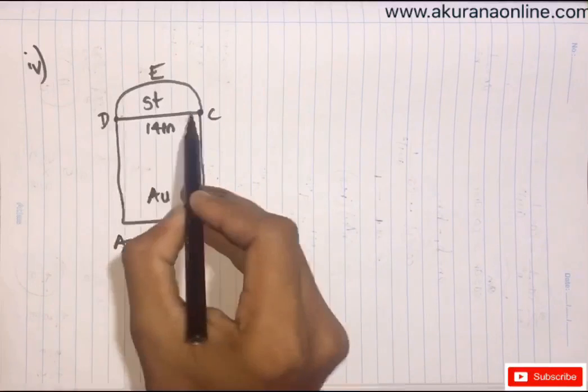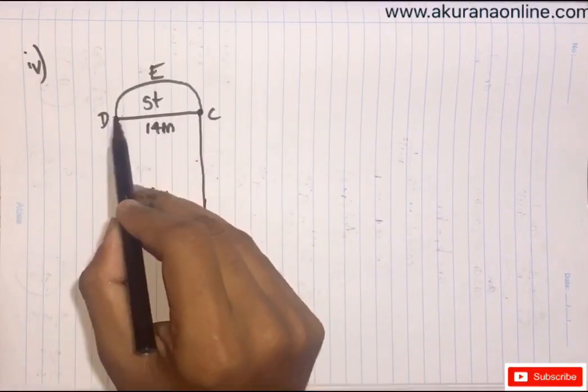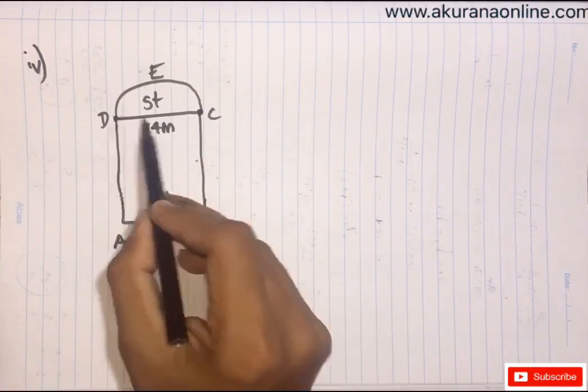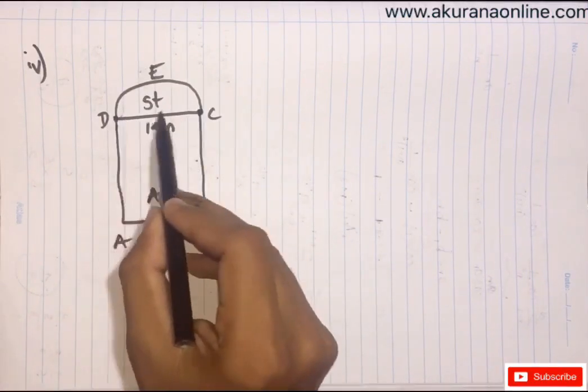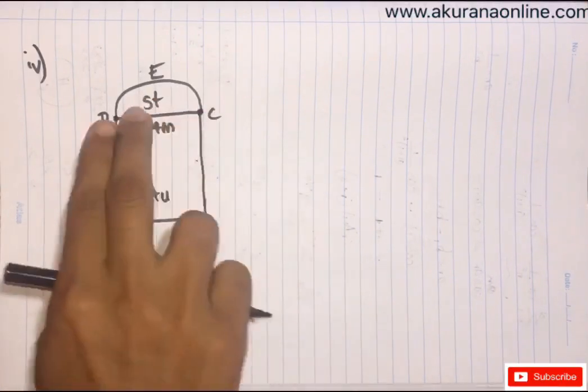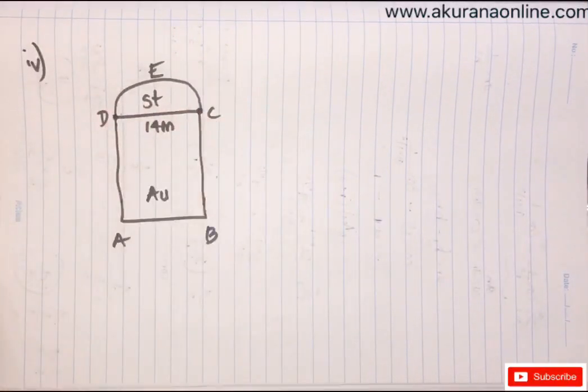From here to here they have fixed bulbs starting from D and finishing at C, but they are having a gap of 1.4 meters. Now since you know the total length, you can find the number of bulbs fixed here. That is the total length divided by the length of the gap. Therefore you can find the total number of bulbs.